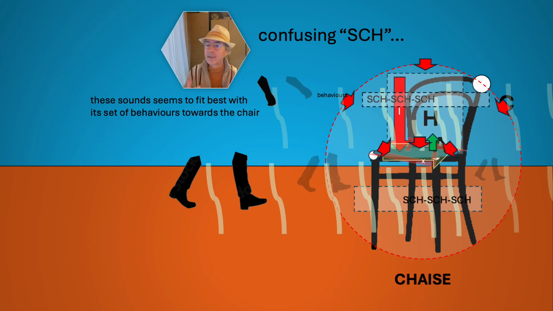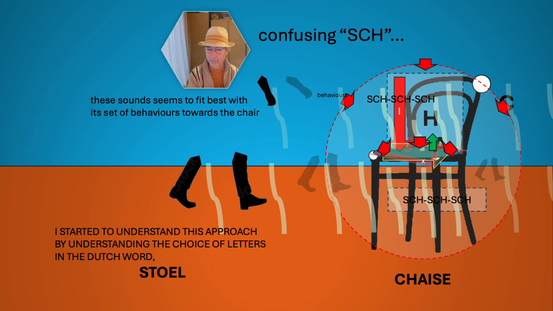What fits best until now is that we have this idea of a set of behaviors around it that should find an application onto that chair, a behavior that goes towards it. That's actually the best way to understand that approach.